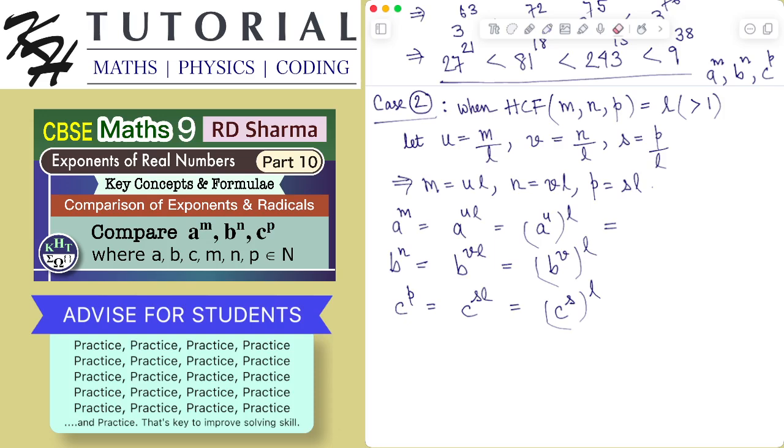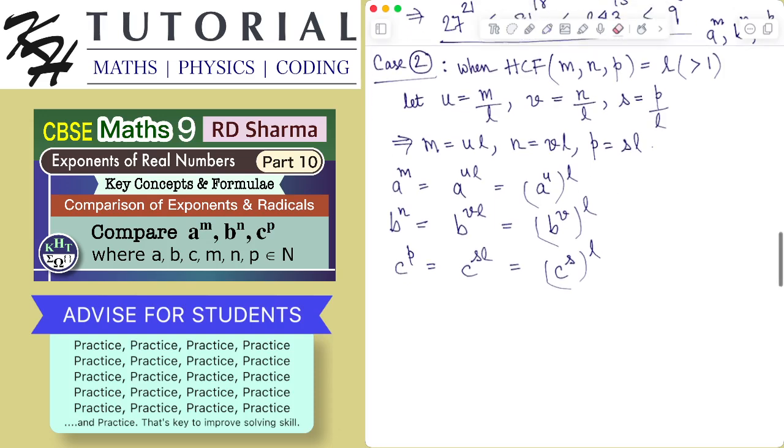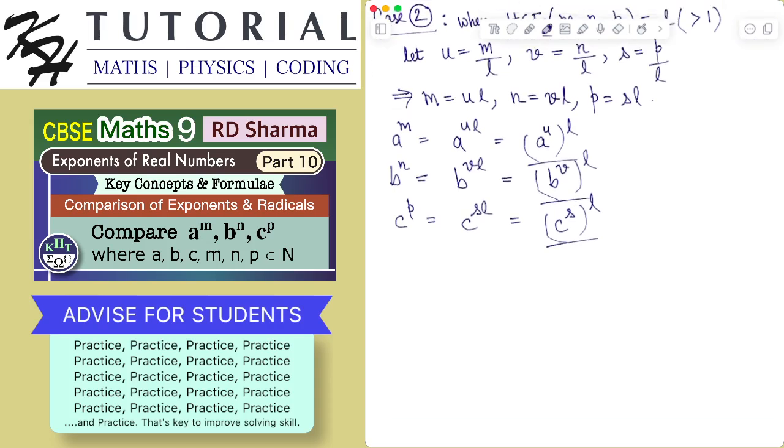So now we have to compare these three numbers, and we can see that all these three numbers have the same power, L. So obviously we will compare by the base.